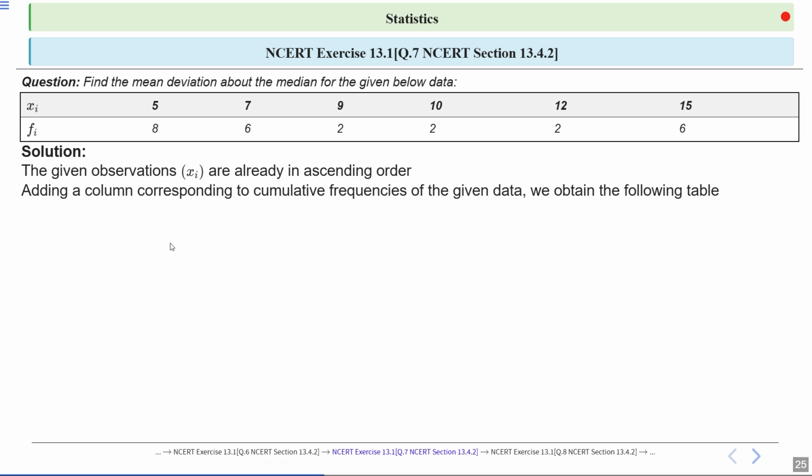Now adding a column corresponding to the cumulative frequencies of the given data, we obtain the following table.